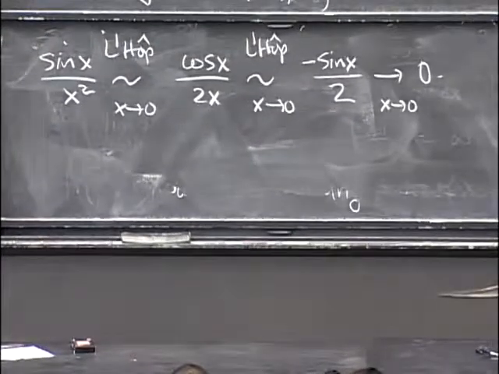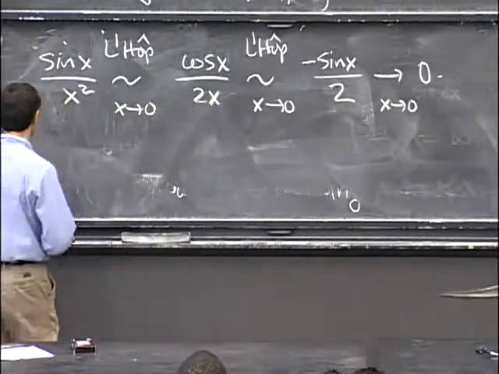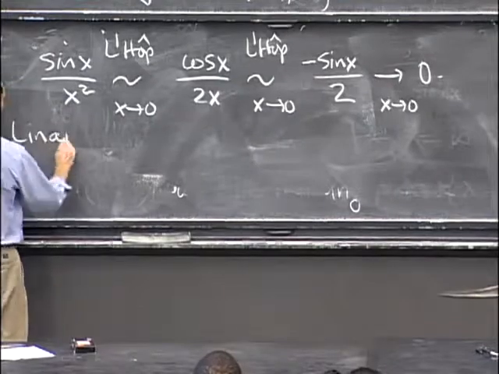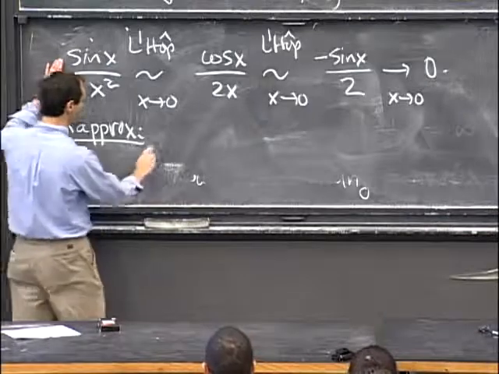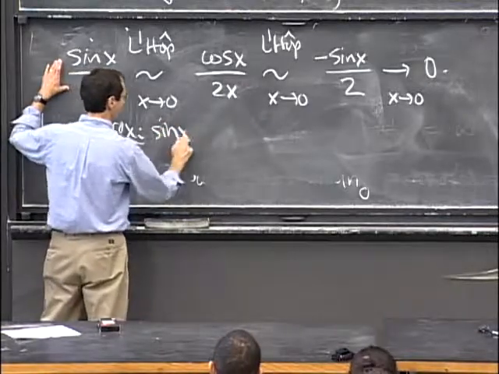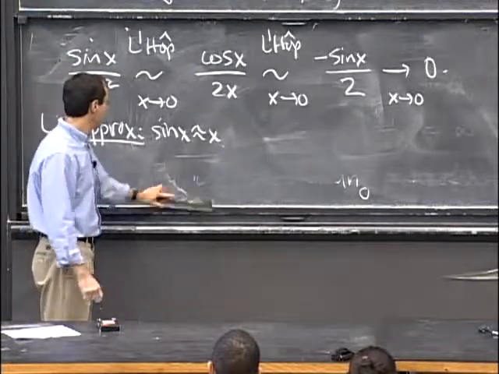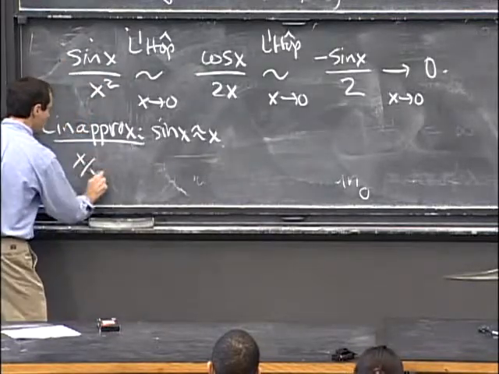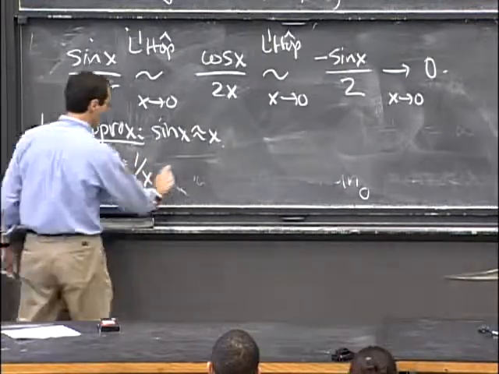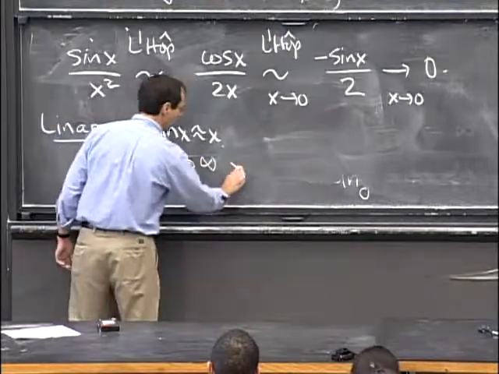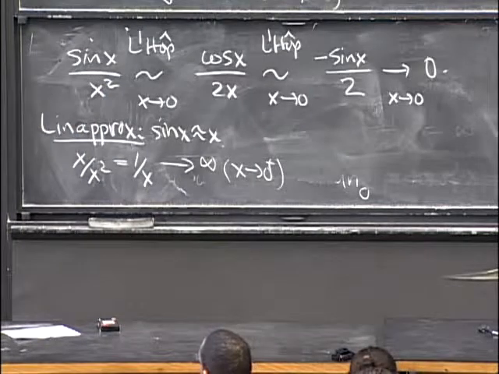On the other hand, if you look at the linear approximation method, the linear approximation says that sine x is approximately x near 0. So that should be x over x squared, which is 1 over x, which goes to infinity as x goes to 0, at least from one side, minus infinity the other side.